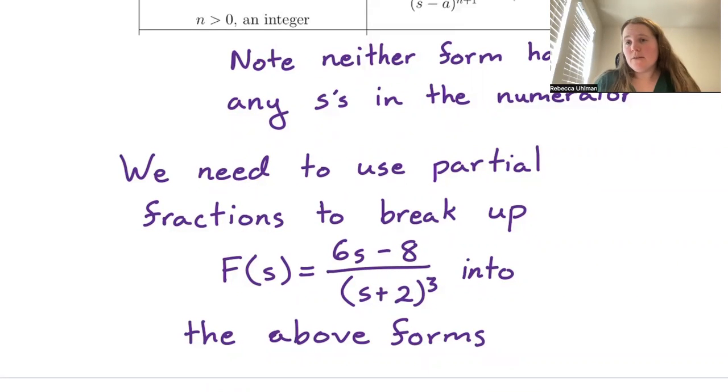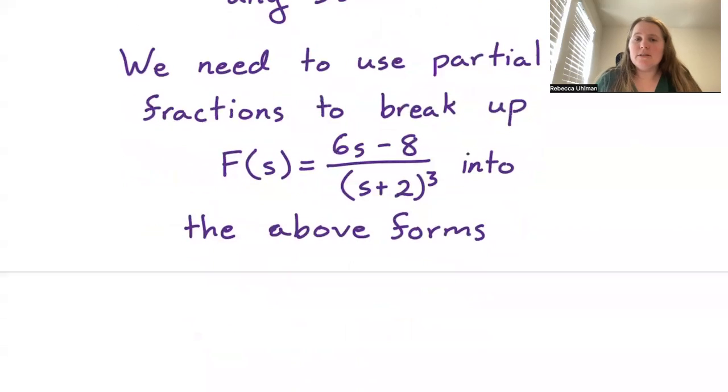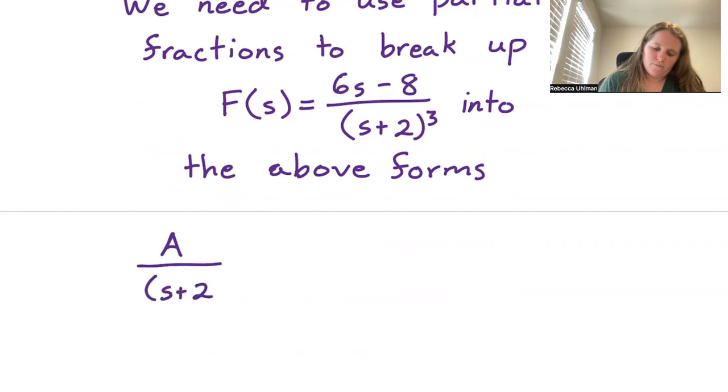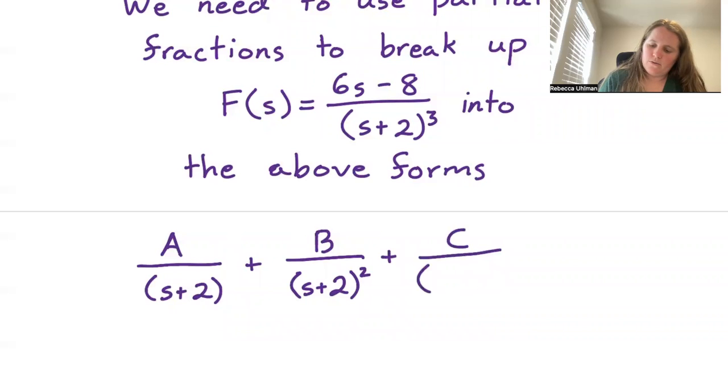So anytime we have a repeated root in our denominator, we can break this up into fractions where we essentially take all the possible powers, lower powers and current power, for the denominator. So we are going to re-separate this as A over s plus 2 plus B over s plus 2 squared plus C over s plus 2 cubed.